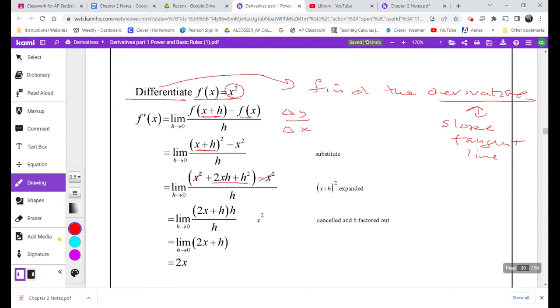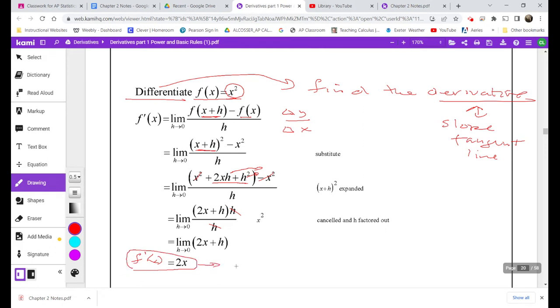They assume you know how to factor, so they factored out an h. The h's cancel, and now I can substitute in h, and so my f prime of x is equal to 2x.